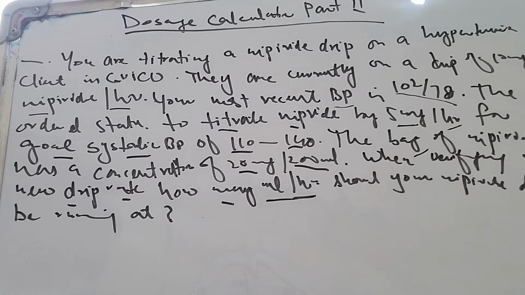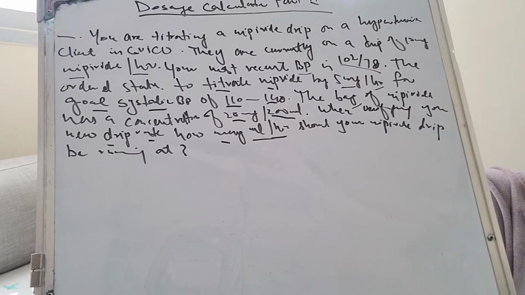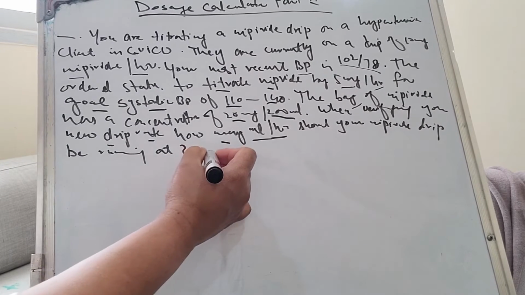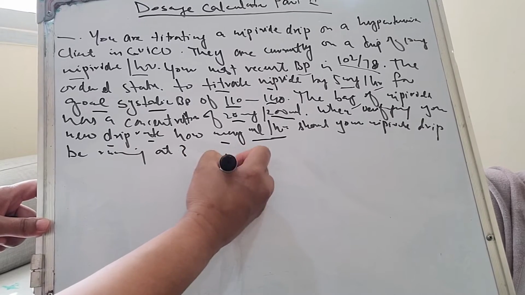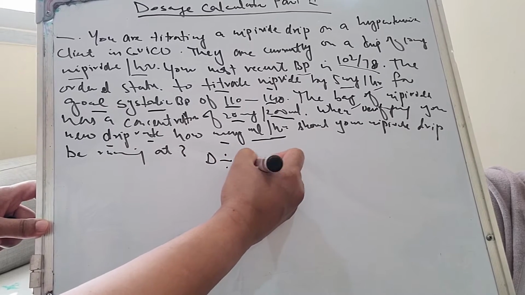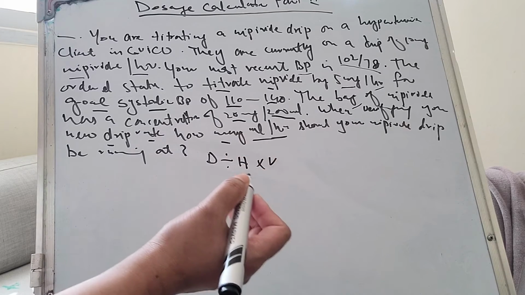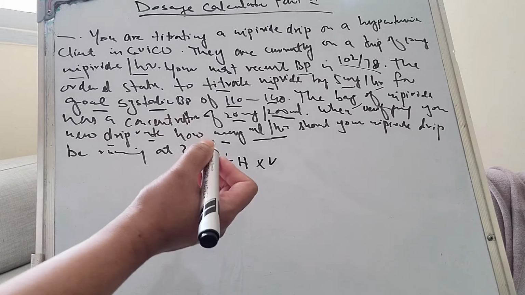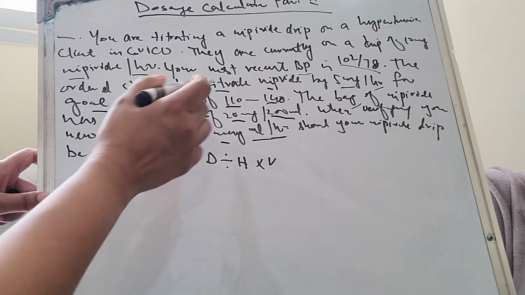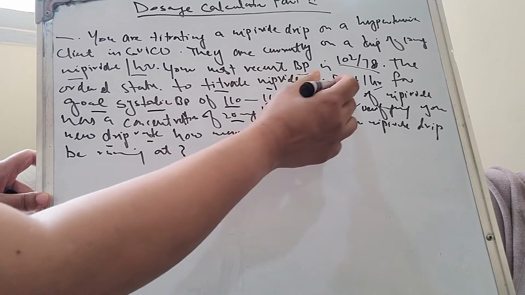Here also we will use the same formula. What is our formula? Desired divided by have multiplied by vehicle. What is our desired dose? The desired amount of medication is what the doctor told us to titrate, 5 milligram.